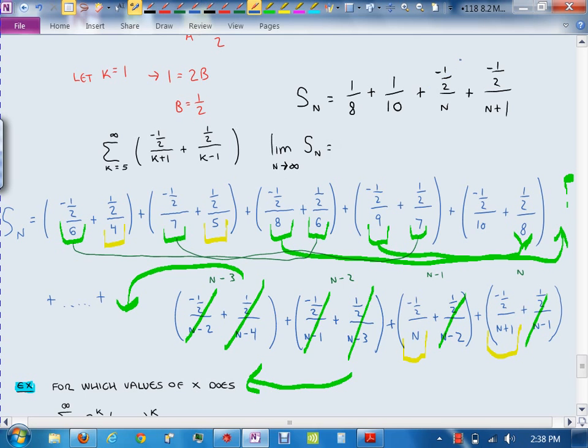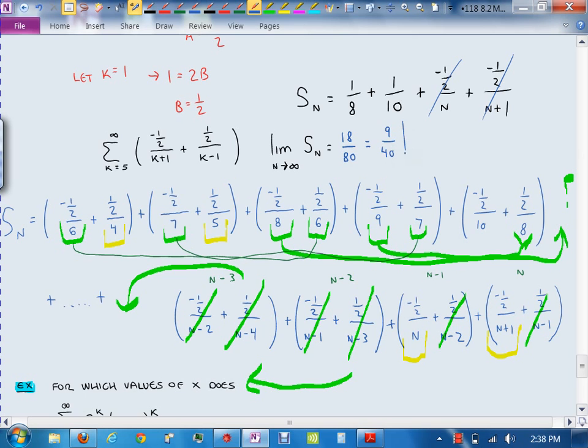And the last 2 terms vanish because we have a constant over infinity, right? So all that's left is 1/8 plus 1/10, which is 18 over 80, right? Common denominator. Which is, what goes into that? 9 over 40.